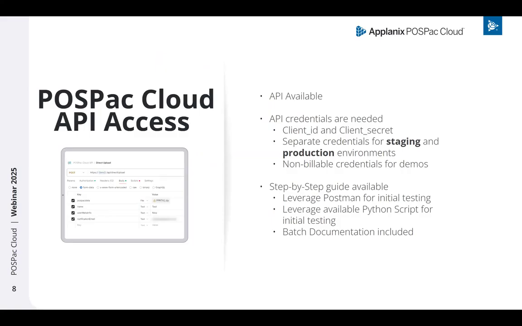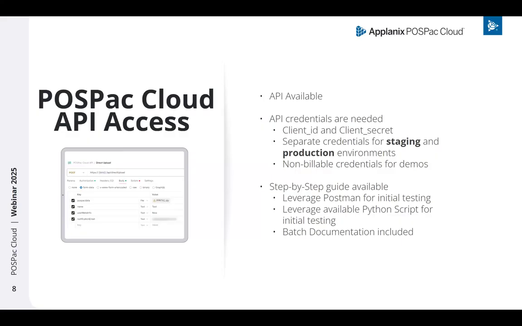Now, let's talk about API access, the core of how you connect with POSPac Cloud. POSPac Cloud offers a full API, allowing you to upload and process your data directly through automated workflows. To use the API, you'll need API credentials, specifically a client ID and client secret. These are required to authenticate your connection.